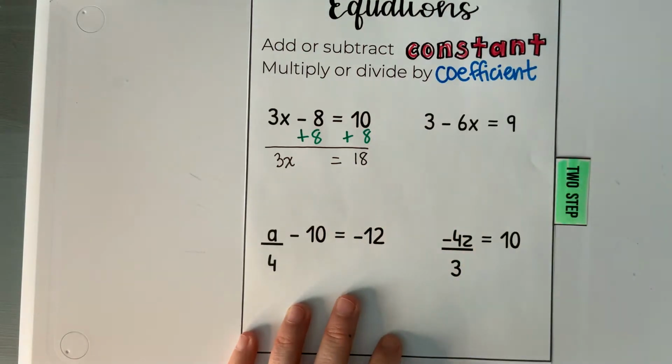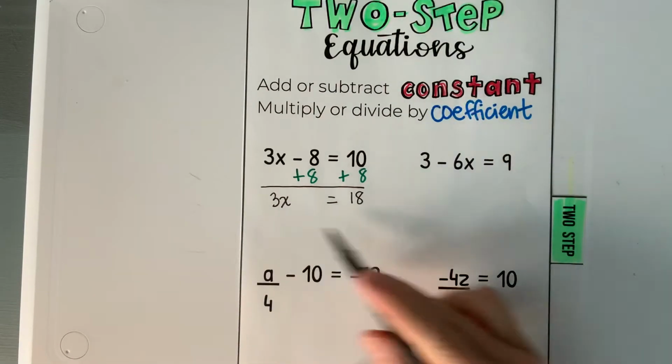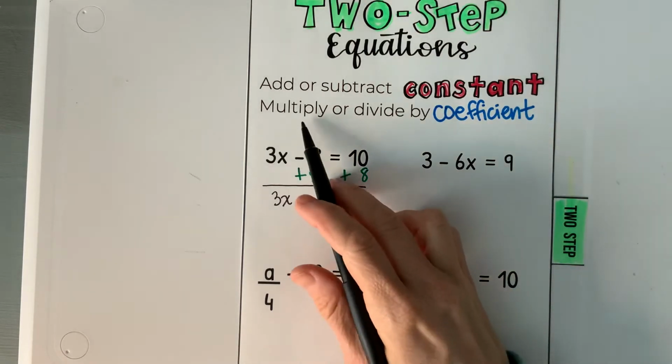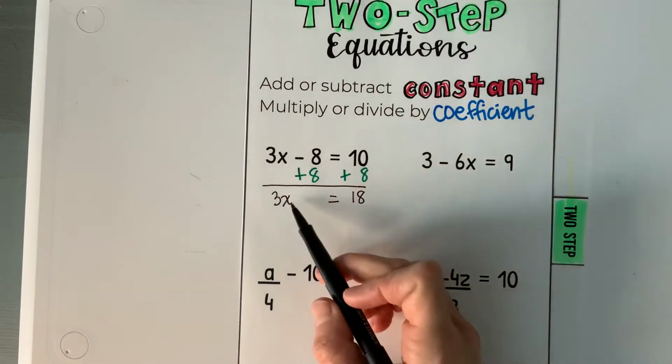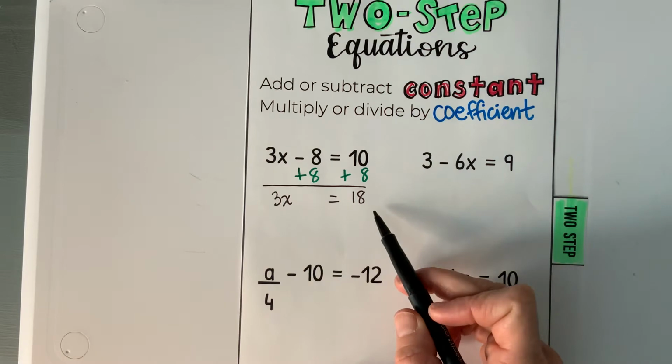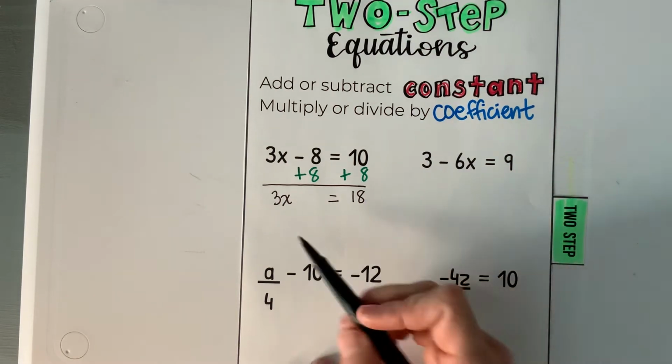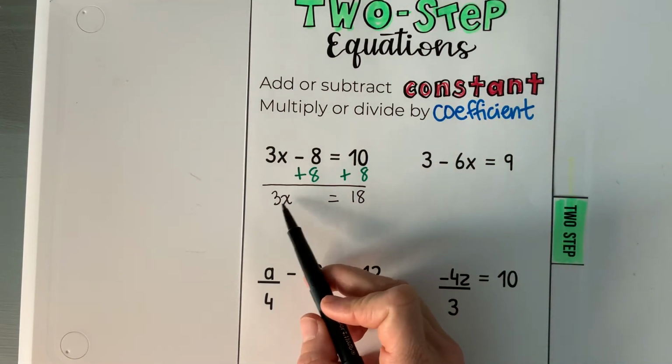So I'm now at my next step, because remember, this is a two-step equation, so that was step 1. Now my second step, multiply or divide by the coefficient. So I now have 3 pawns on one side and 18 on the other. So my coefficient is multiplied by 3, so 3 x's or 3 times x.